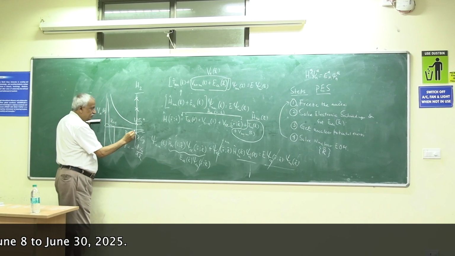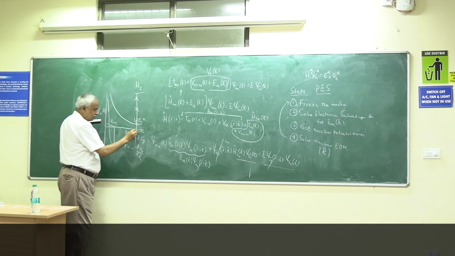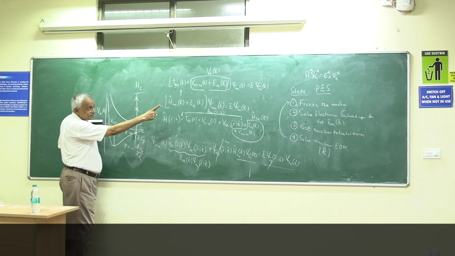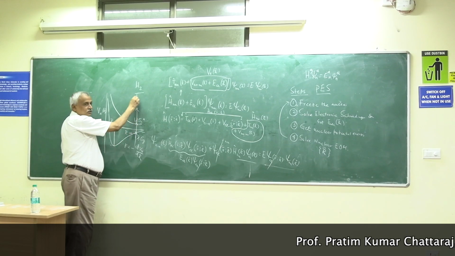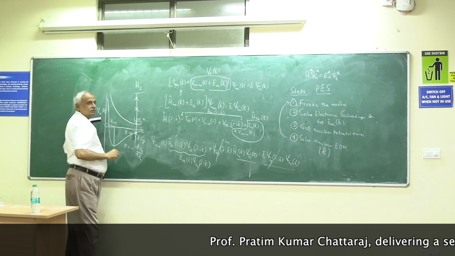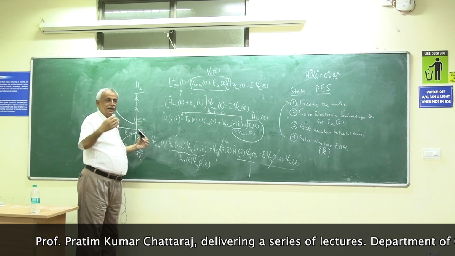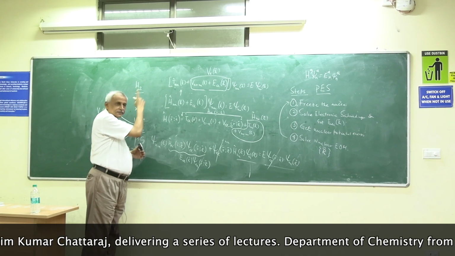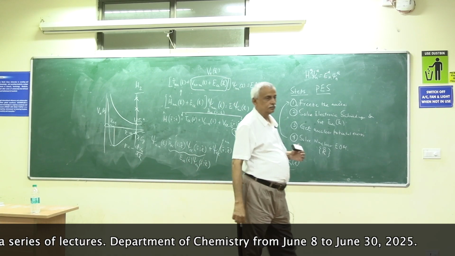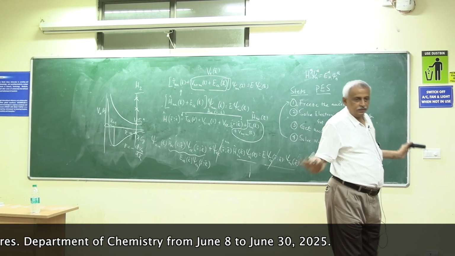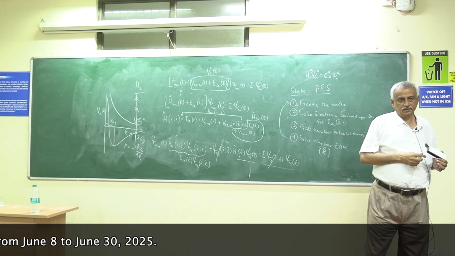At a given R, I fix the R, I solve the electronic equation, I get H psi n = E_el n. So 0, 1, 2, 3, all electronic energies are there, and along with the corresponding nuclear repulsion you add, you get the potential energy. You plot it this way. Okay. So now you understood how the potential energy surface is generally generated.